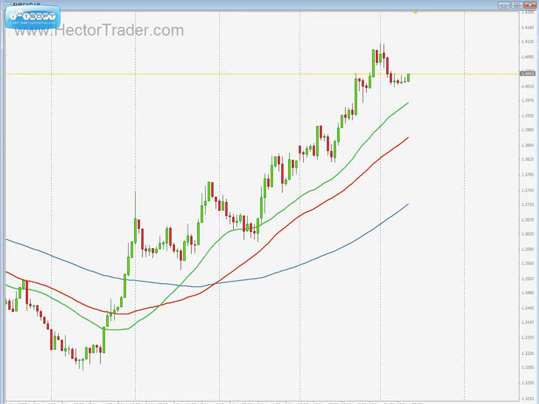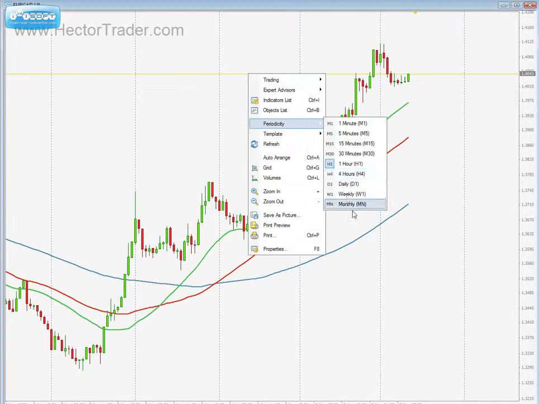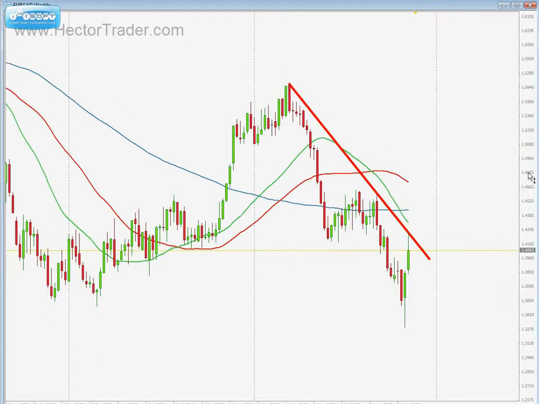Imagine if you had entered long right now, around this area, and you didn't look at what was going on on the weekly. The weekly was clearly telling us that we are banging onto long-term resistance, and as you can see, price has already retraced back down quite a little bit.